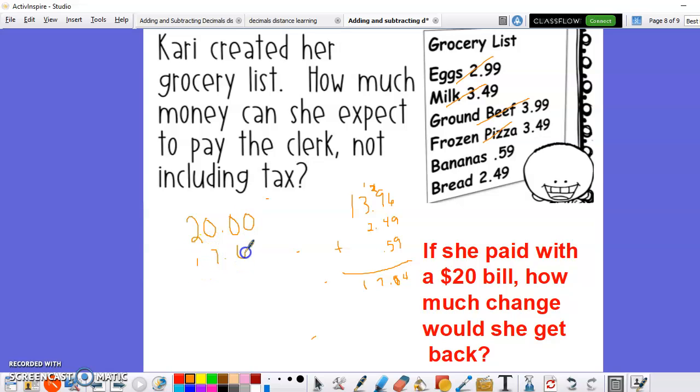And we go ahead and solve that. We need to regroup. This is a 9. That would also be 9. This would be 6, 9. $2.96 is what she would get back.